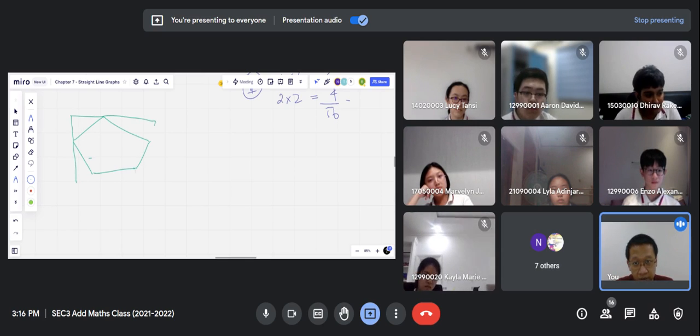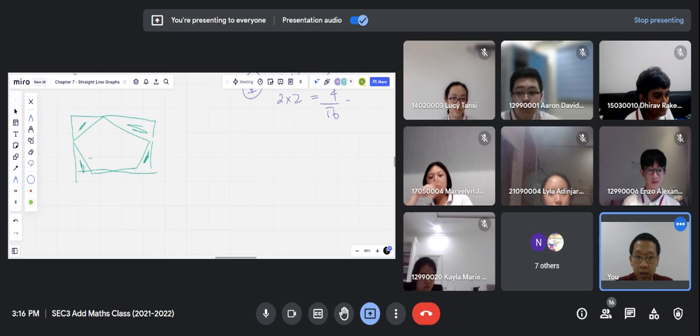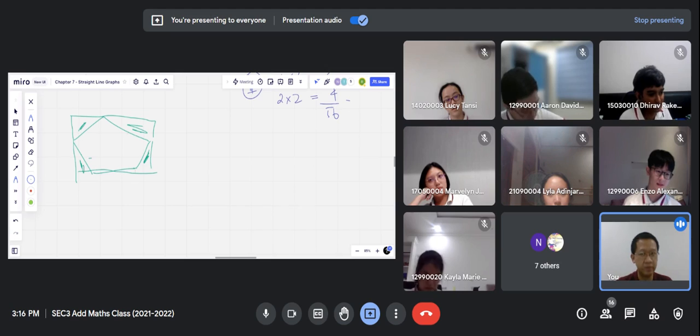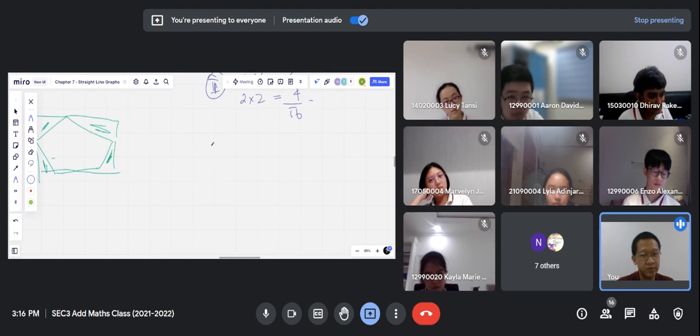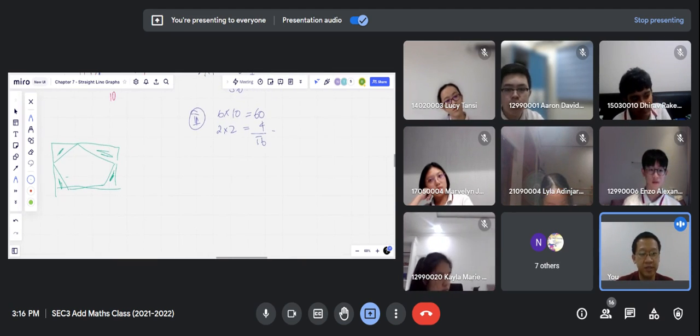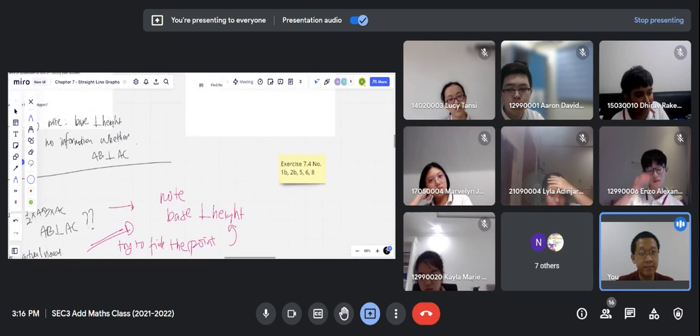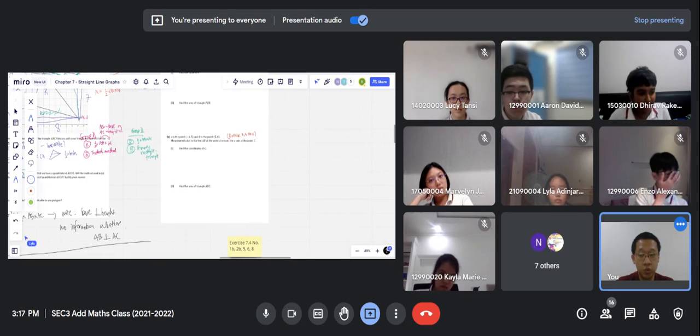Is this actually a rectangle? Then we cut the triangles anywhere. Does that make sense? Can we still use it? Probably, but we're not really sure. Some of us say maybe, some of us say yes, we can. So that's the method that I want to introduce to you, basically.